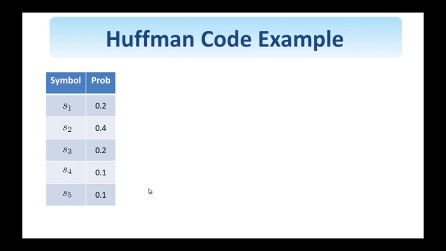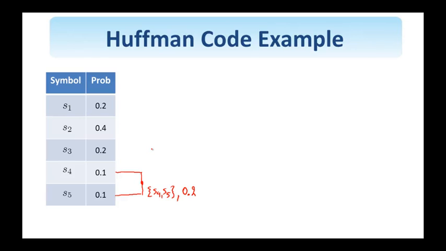The symbols with the smallest probabilities are S4 and S5. I'm going to combine the two to form a new symbol, let's say the S4, S5 symbol. And this is going to have probability 0.2, the sum of the probabilities. So after stage 1, I'm left now with 4 symbols: S1, S2, S3, and S4, S5.